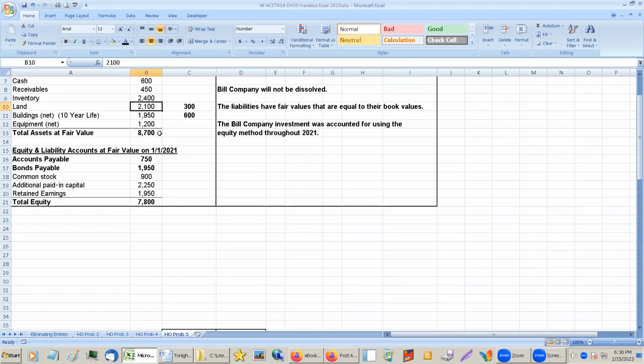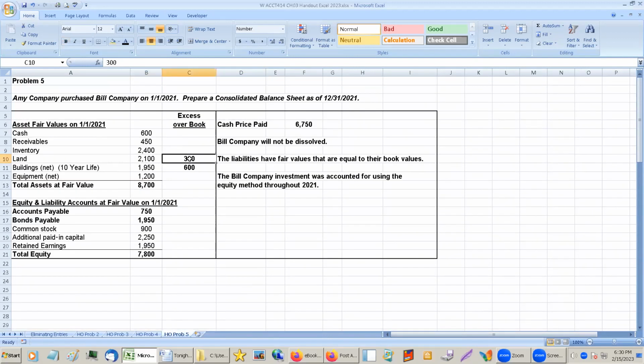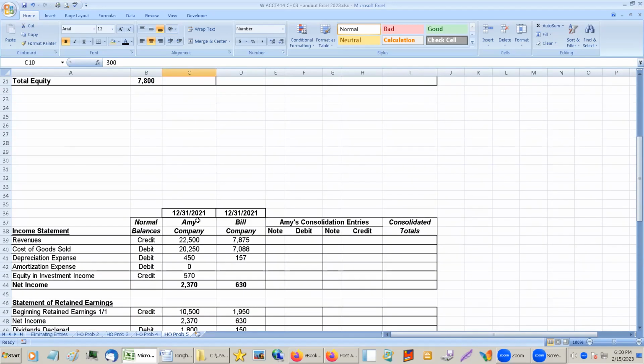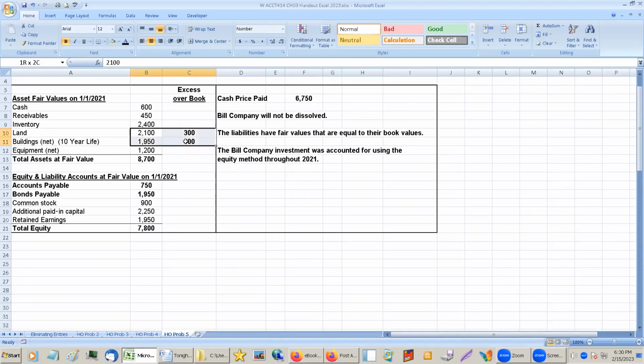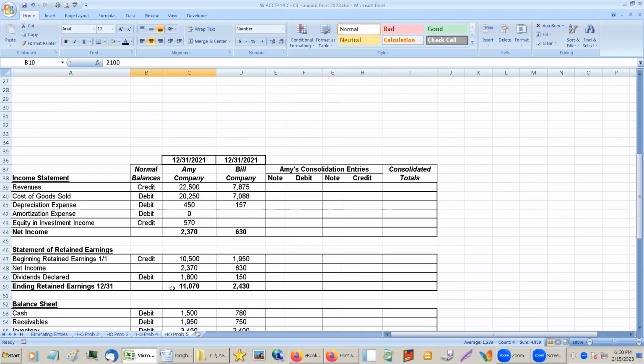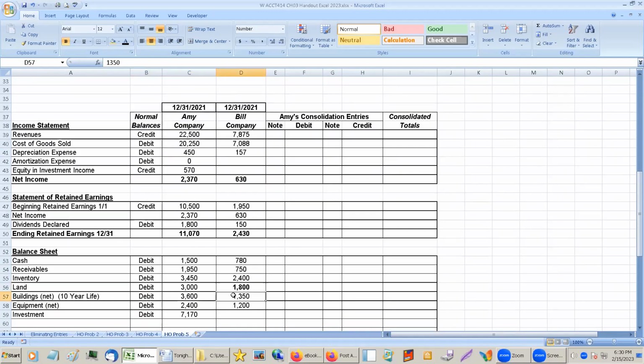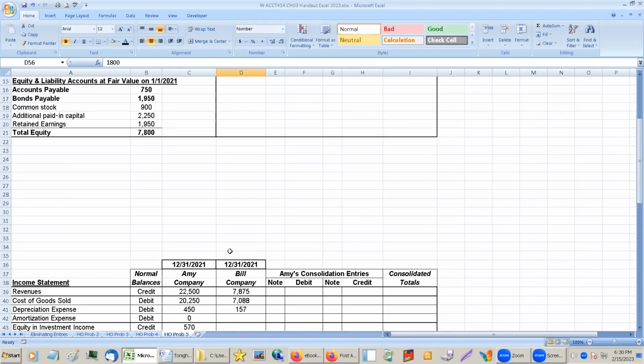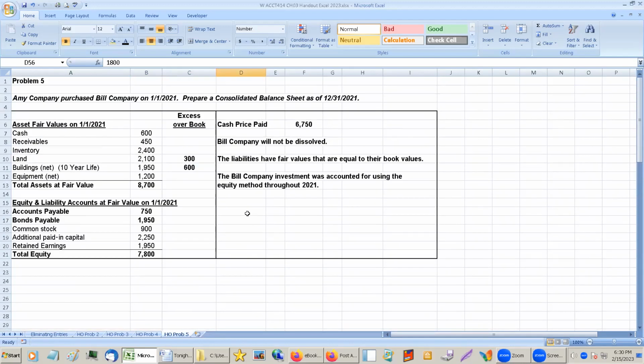Yeah, the fair value is 2100, so that's where we got that excess. Because this is generally a beginning of the year and this is ending of the year, they don't always work out that way. But I artificially kept it that way so that it looked the same.